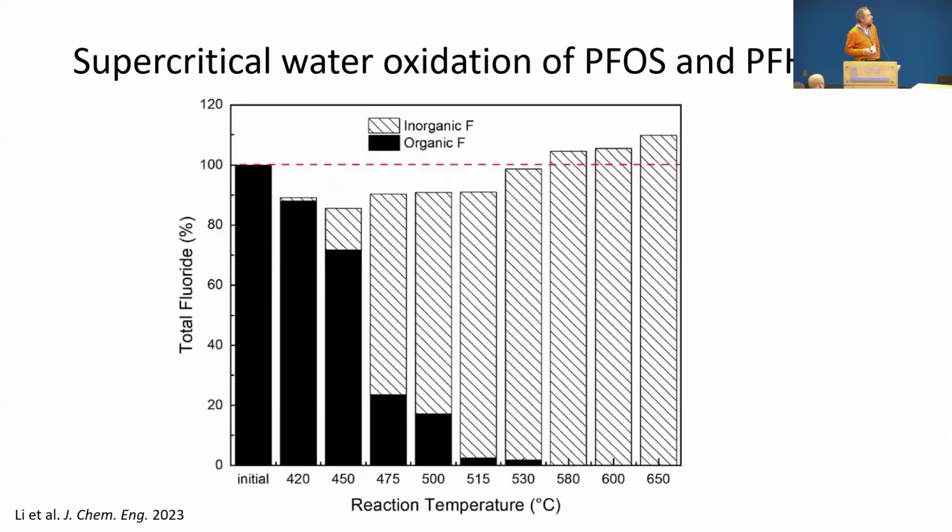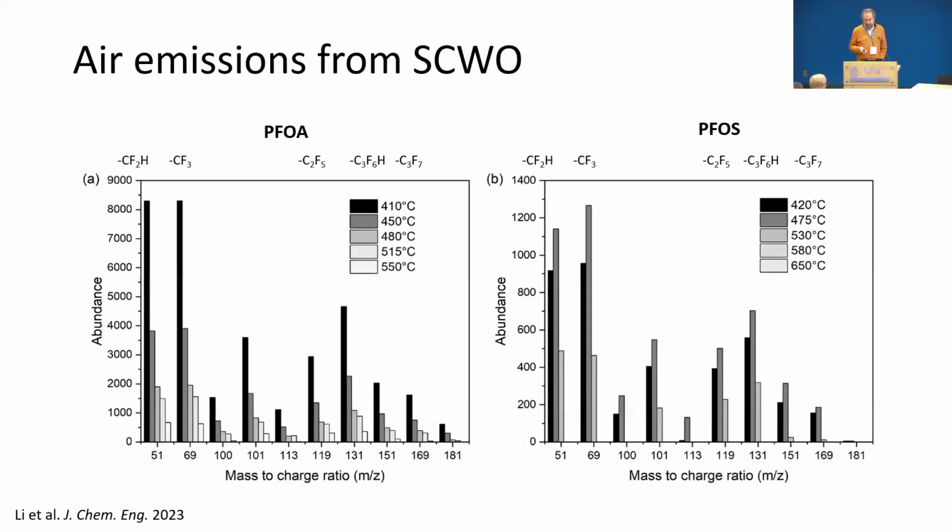When it comes to PFAS destruction, one thing that is important to recognize is we're not just looking at a compound like PFOA going away, but are we really mineralizing the PFAS? Are we converting it all the way to fluoride? You can see here with the supercritical water oxidation system at lower temperatures, there's still a lot of organic fluorine, and only after you get to these higher temperatures do you convert most of the organic fluorine to fluoride.